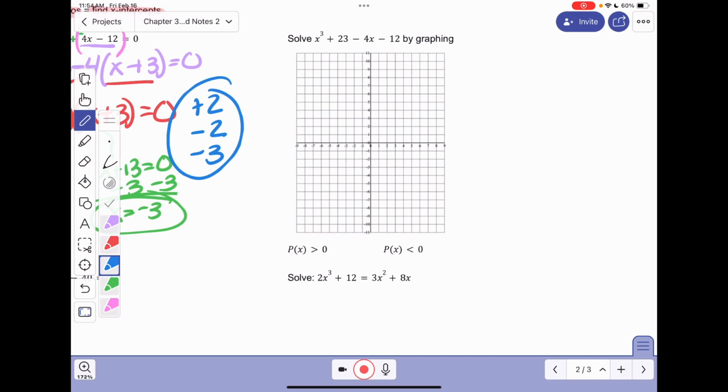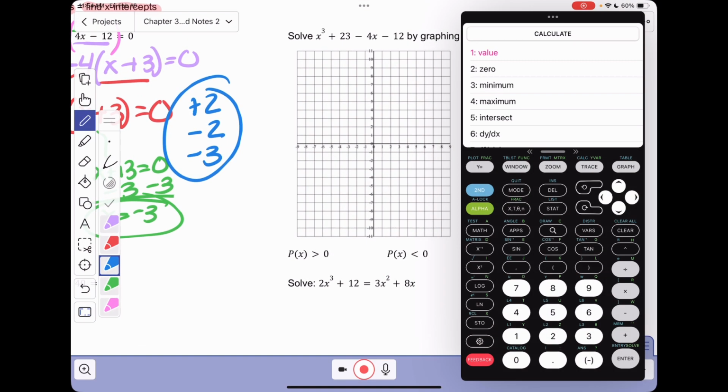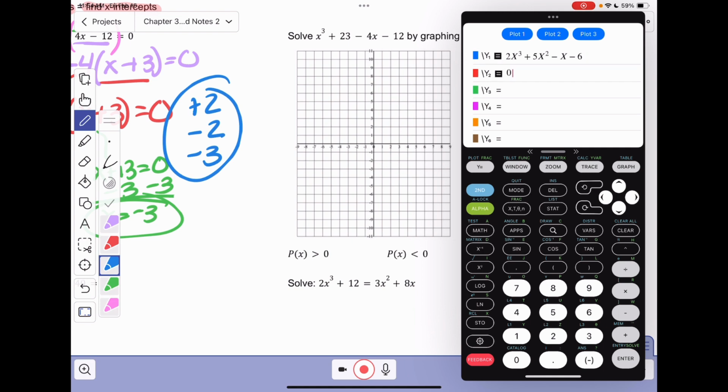You can solve by graphing. So if I put this equation in my y equals, I'm going to type x cubed plus x squared minus 4x minus 12.